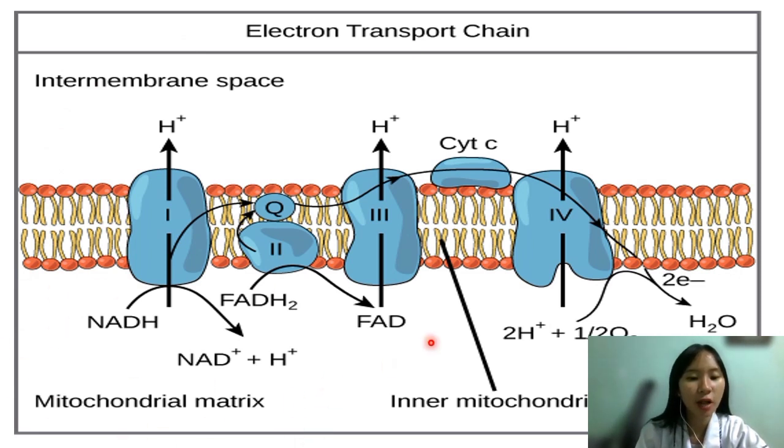In the mitochondrial matrix we have a lower concentration, and in the intermembrane space we have a high concentration. Here is complex 1, this is complex 2, ubiquinone, complex 3, cytochrome C, and complex 4.